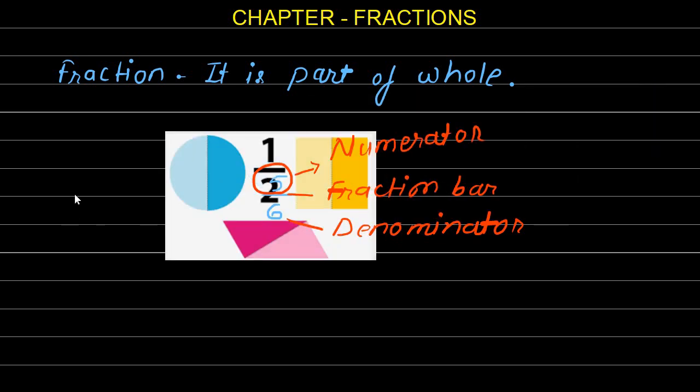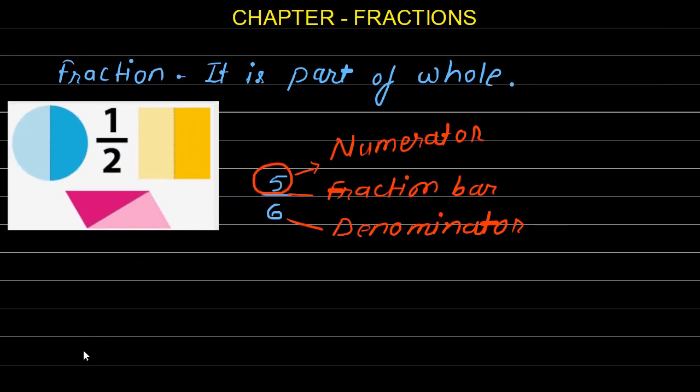Now you must know about the fractions which we generally use, like 1 by 2. Let me tell you what this fraction is. As I told you, a fraction consists of a numerator and a denominator. The denominator is the whole, that is, the total number of parts that the figure has.